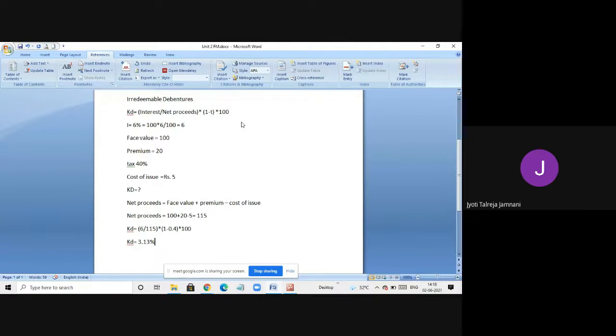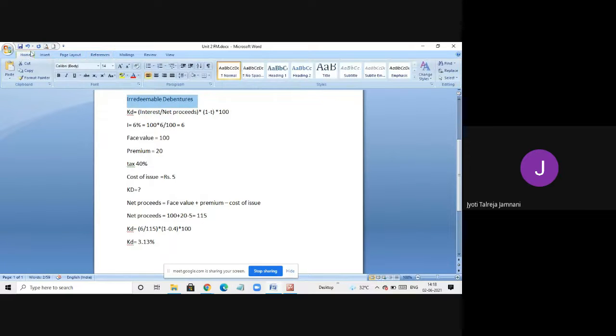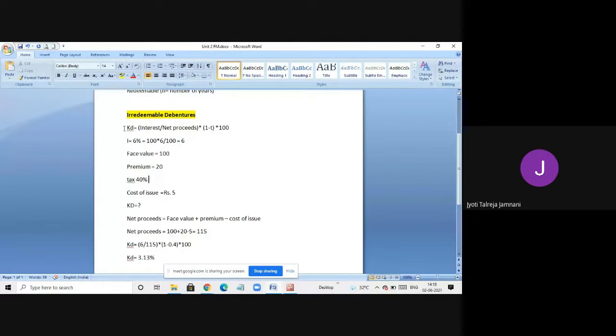So this is how you find the cost of debt for irredeemable debentures, where the time period is not given and these debentures are there forever till the company exists. So this was the first problem that we did on the cost of debentures.